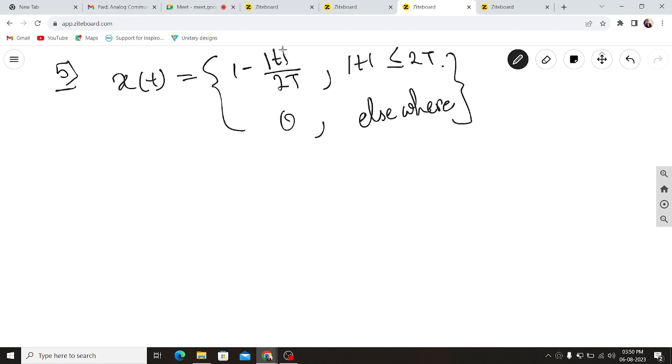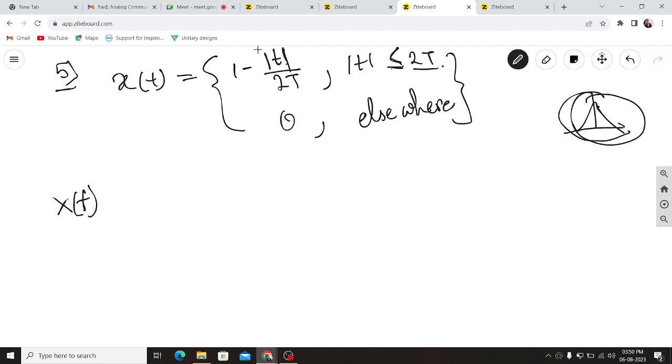Basically this will always give a triangular shape function within the particular time period 2T, and it has two different slopes. Why we have taken the mod should be clear to each of us, because if we do not take the mod, we will not get this triangular pulse.